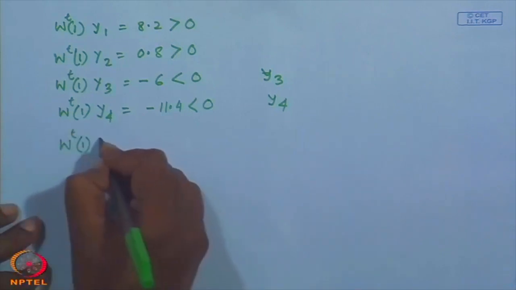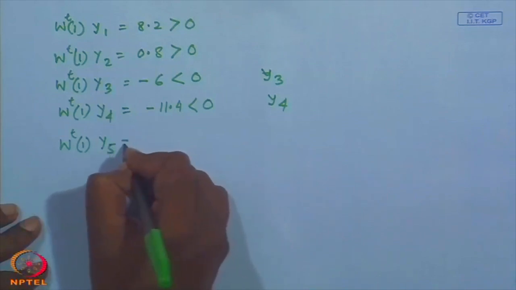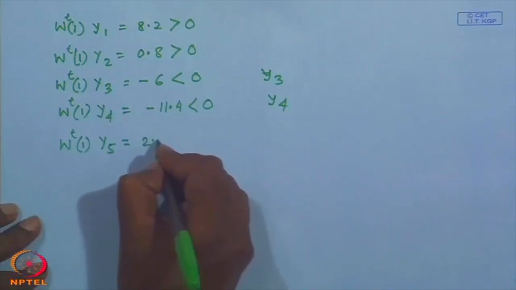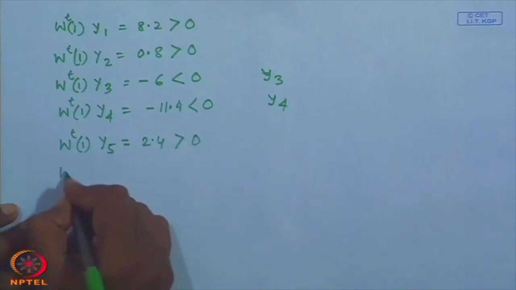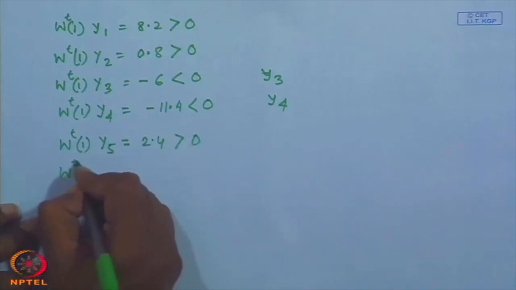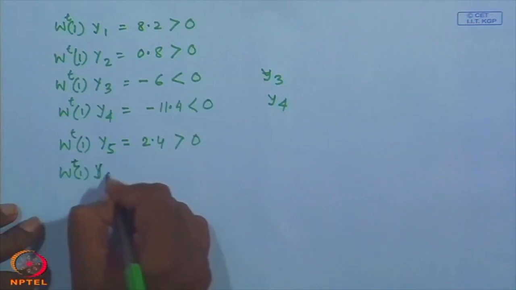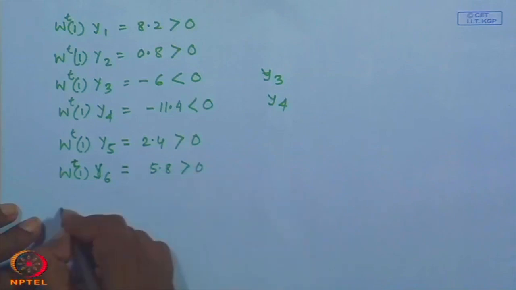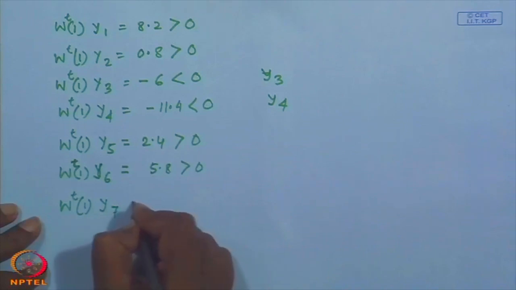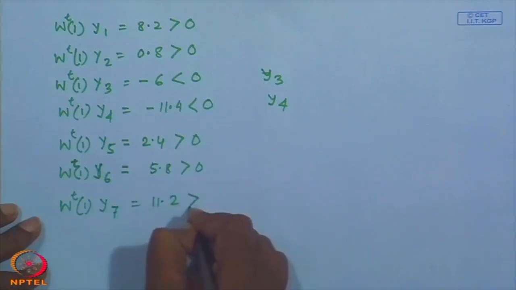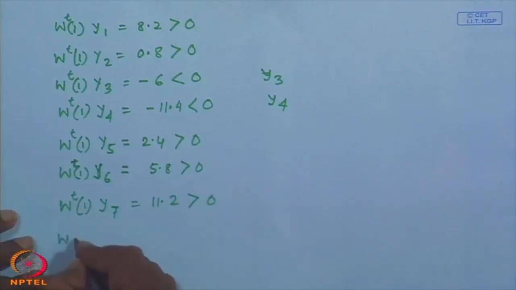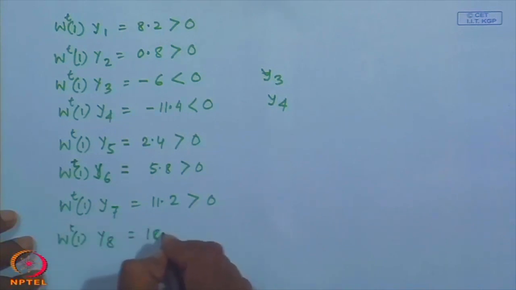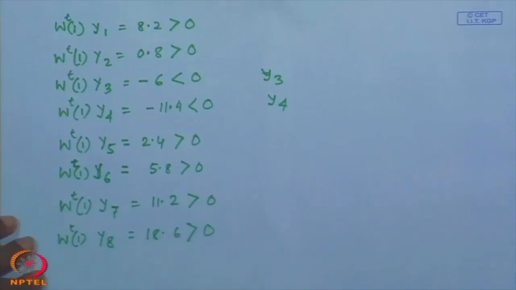W1 transpose y5 will be equal to 2.4, that is greater than 0, W1 transpose y6 will be 5.8, again greater than 0, W1 transpose y7 will be 11.2, again greater than 0, W1 transpose y8 will be 18.6, again greater than 0.